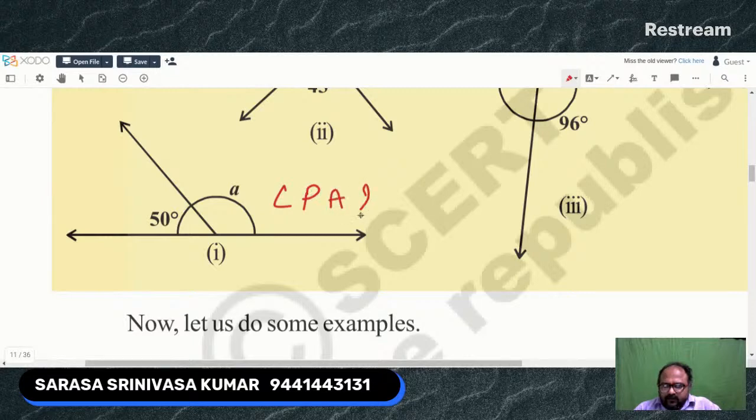Why? How can you say that these two are linear pair of angles? Because the first one, 50 degrees and A, these are adjacent angles. I write adjacent angles. These two are adjacent angles.